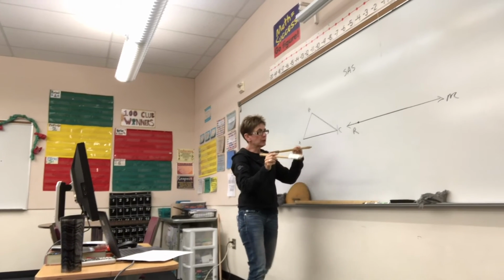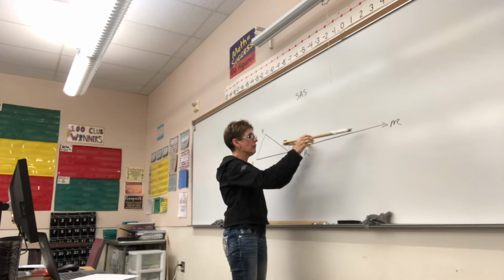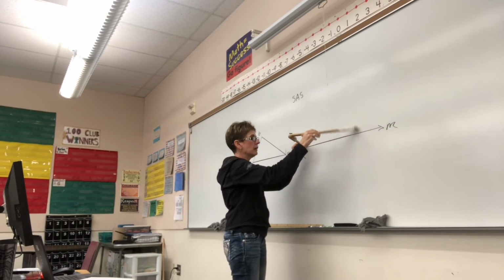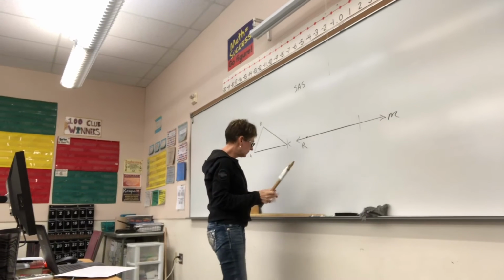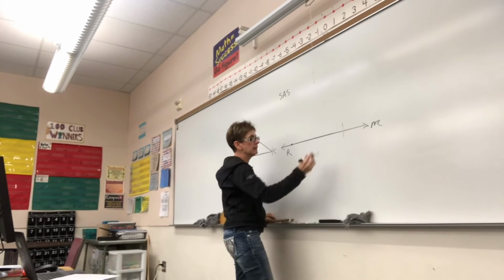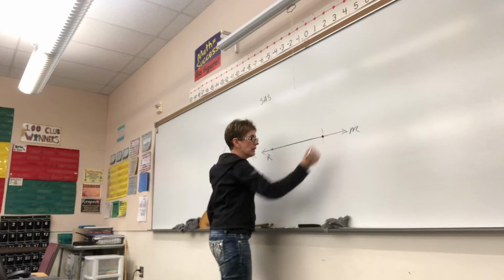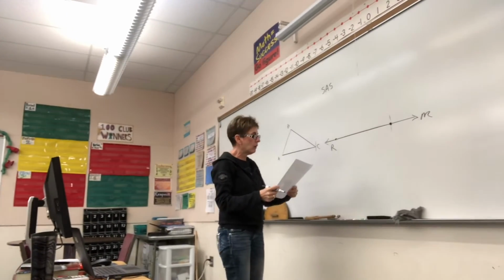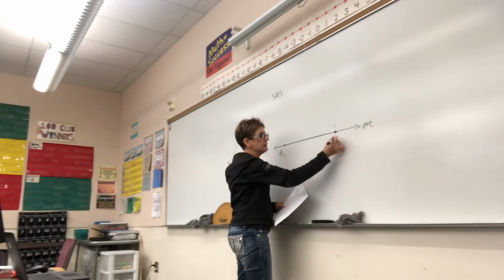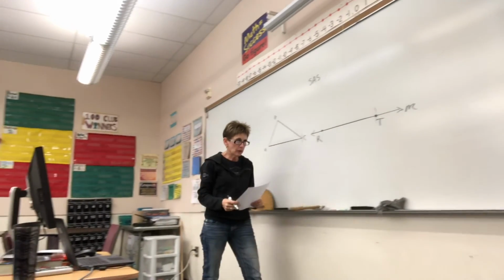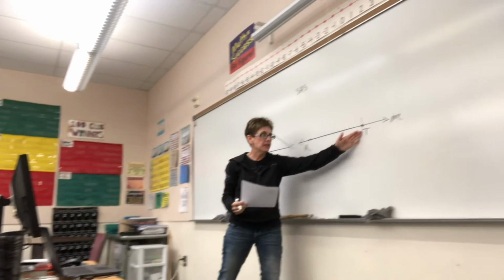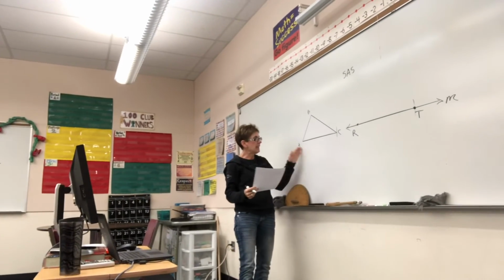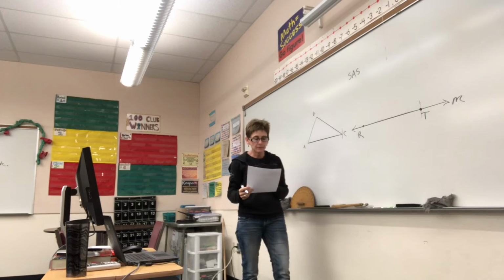Then lift up your compass, put the tip on R, and draw another arc over here. So what you've done is you've copied the length of the base of your triangle. And we are going to call that second point T. So I've now constructed RT, which is congruent to AC on line M.